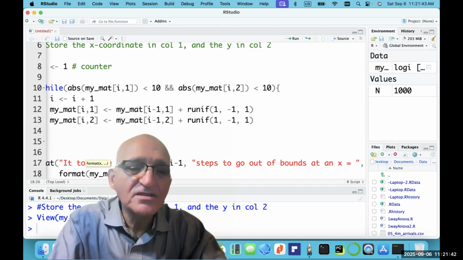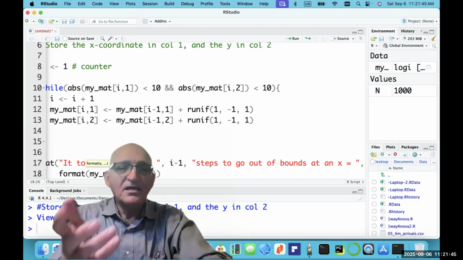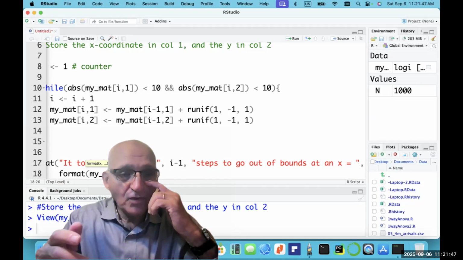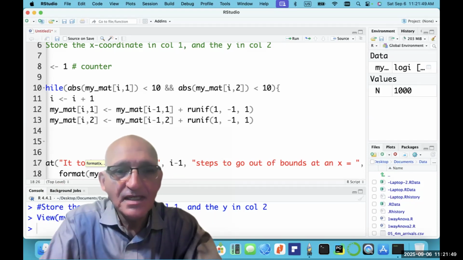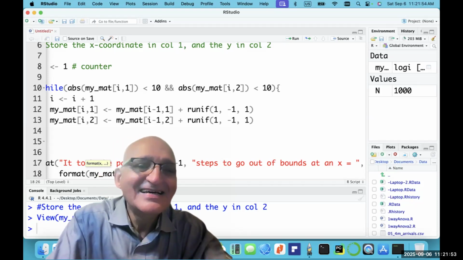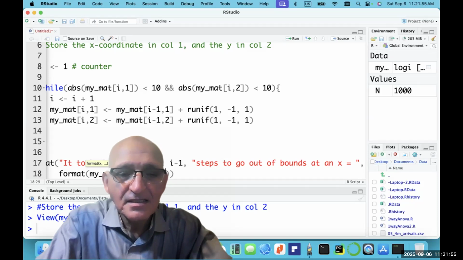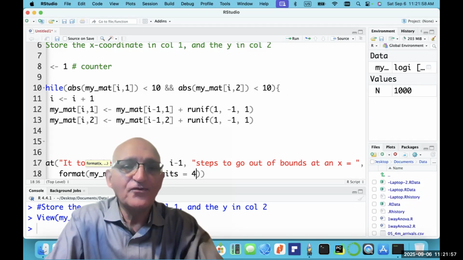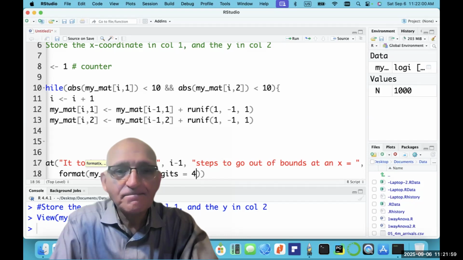And then I say I want it, say, in 4 digits, meaning 1 or 2 integer and 1 or 2 decimals, or 2 or 3, depending. Digits equals 4, for example, or 3, or whatever. Okay?